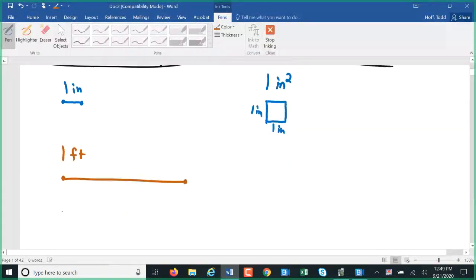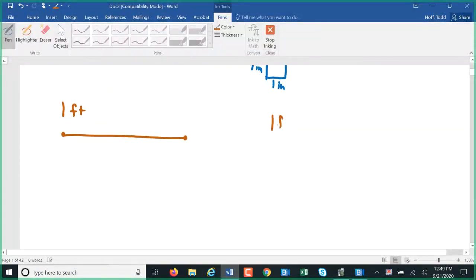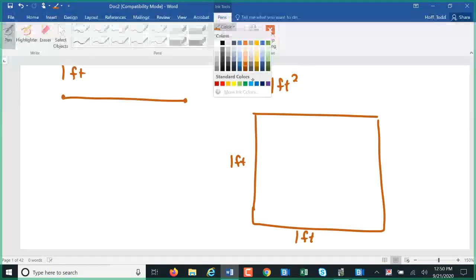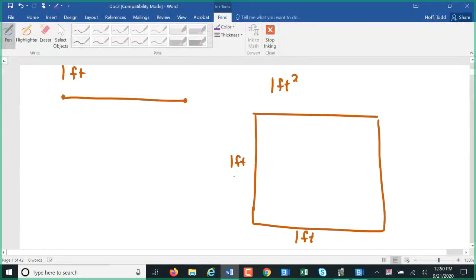A unit of area, however, for 1 square foot, of course, is 1 foot by 1 foot. Now 1 foot, however, is 12 inches. So a square foot is 12 inches by 12 inches.